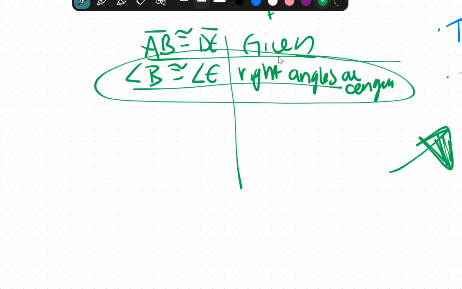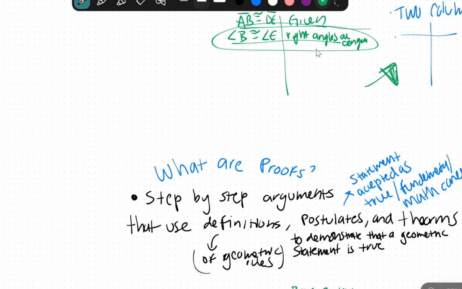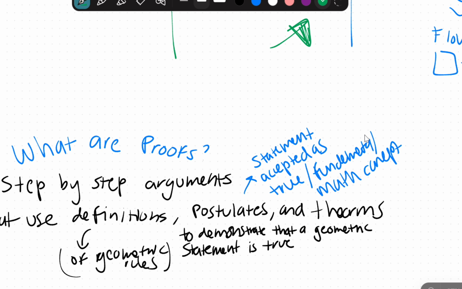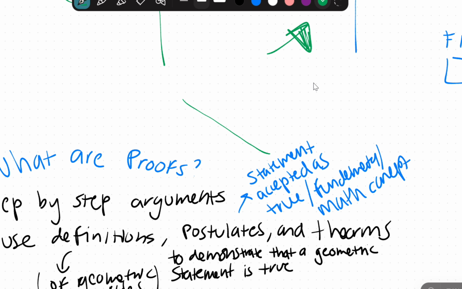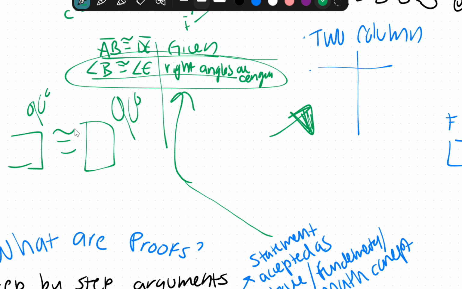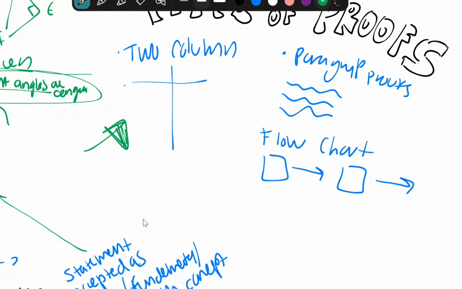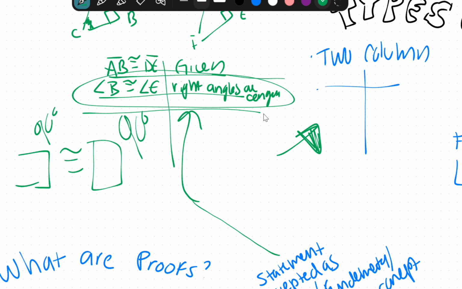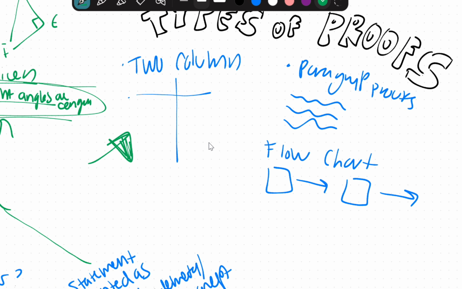Did you guys see how I just said all right angles are congruent? This is actually one of the postulates, because it's a statement that everybody agrees is true. Obviously if this 90-degree angle is 90 degrees and another 90-degree angle is 90 degrees, they're congruent because they're the exact same. I like this one a lot because you can keep writing your statements, and it keeps everything really clear and concise.